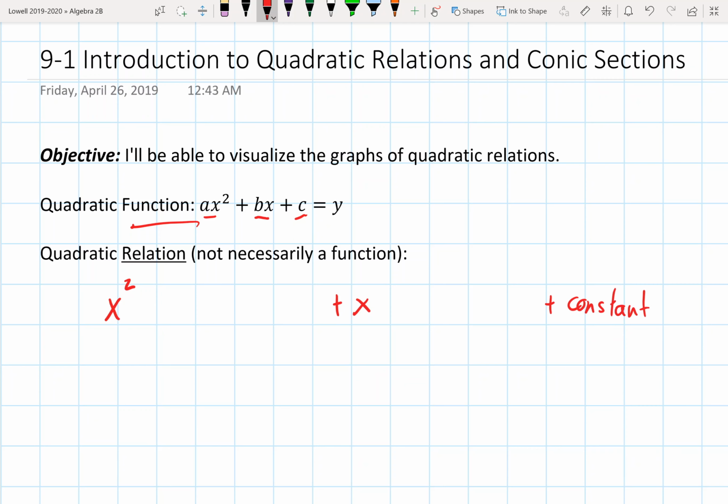I'm calling it constant because I'm not going to use c again. But if there's an x squared term there, there could also be a y squared term, because that's still second degree, we would say. Second degree. And so is this one, the x squared, that's second degree. We also have, let's see, there could be 2 x's, 2 y's.